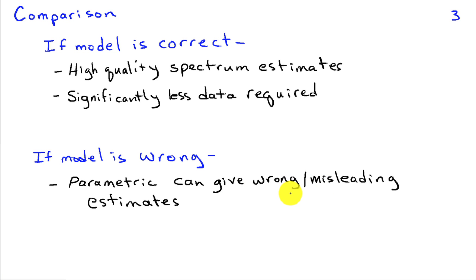You can get higher performance when your model is correct, but when your model is wrong, you can get some dramatic failures. And so if someone knows ahead of time, for example, that their data is generated by a resonant phenomenon, then an autoregressive model might be a pretty good fit. But if you don't have a prior expectation like that, then it might be safer to use a non-parametric approach.